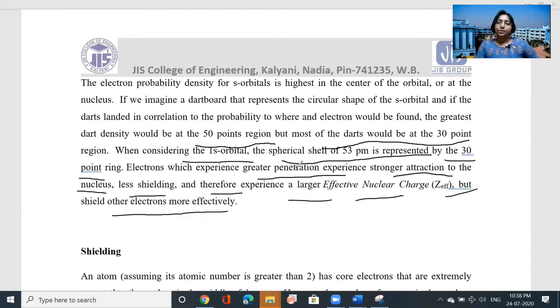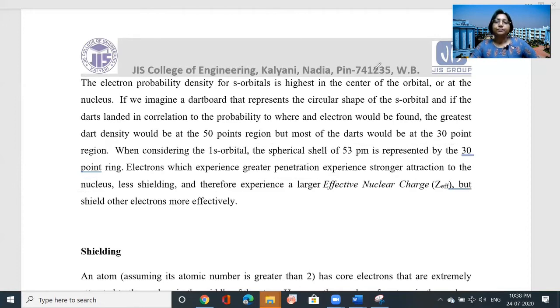So the electron in the s orbital remains tightly packed with the nucleus, so there is less shielding effect from other electrons. The penetration is stronger because the attraction of the nucleus to the electron is stronger, so we can say the effective nuclear charge is also higher.